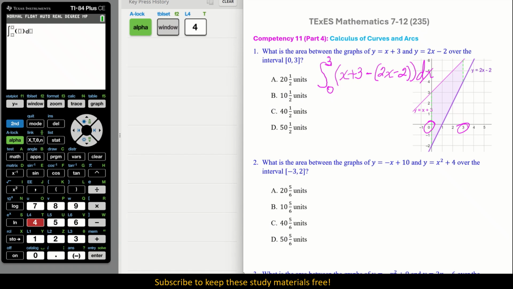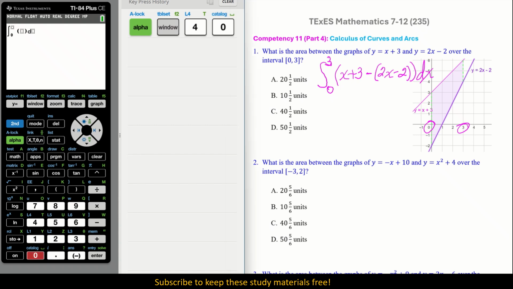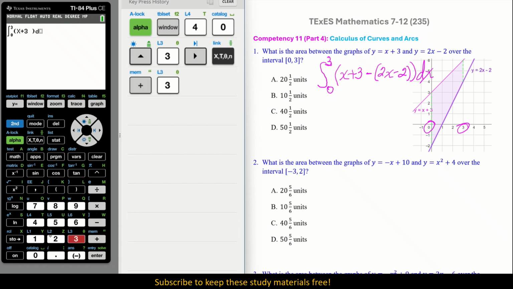As you can see, this is what we need to type in. So 0, it always starts there, then go to 3. Now move over and put in our x plus 3. You could use another parentheses with it, but for the first one it's not necessary.